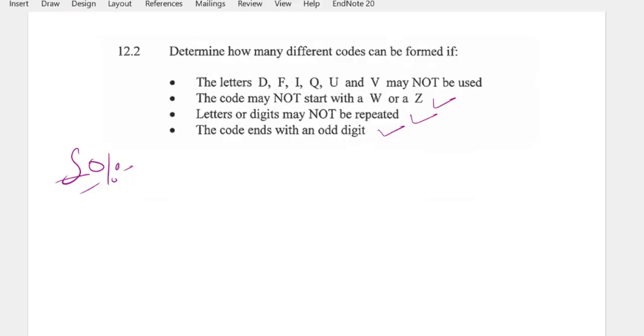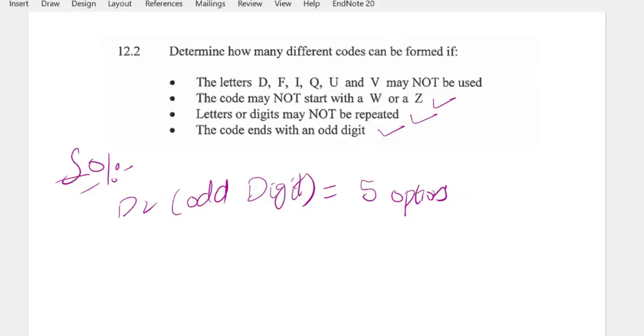So D2, the odd digit, equals 5 options, and these are 1, 3, 5, 7, 9.